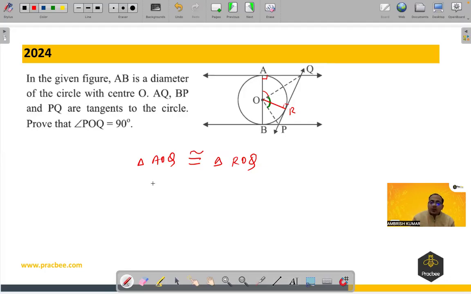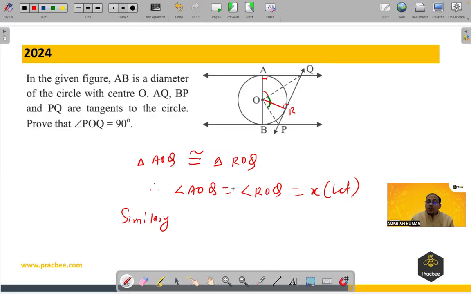So if they are congruent, therefore you can say that angle AOQ will be equal to angle ROQ. Both we are giving some name, okay? Like we can say X. And similarly, you will have this triangle ROP congruent to BOP.